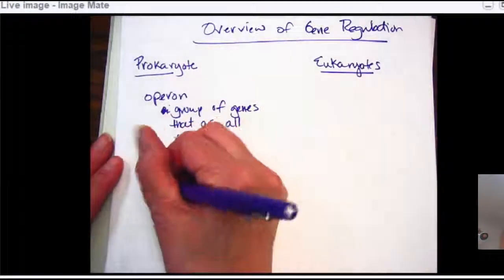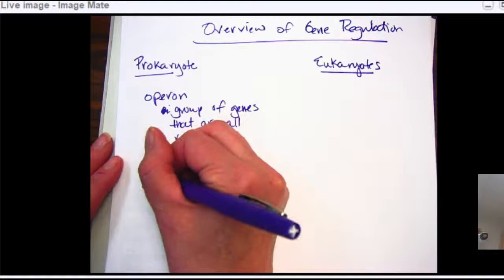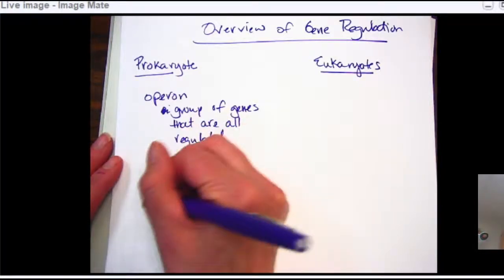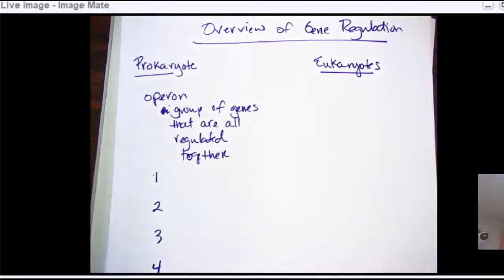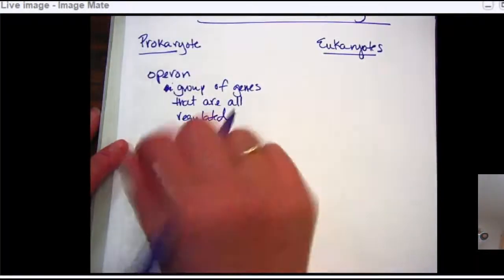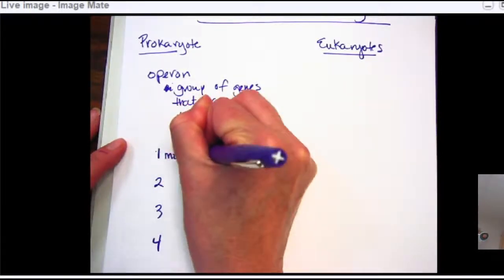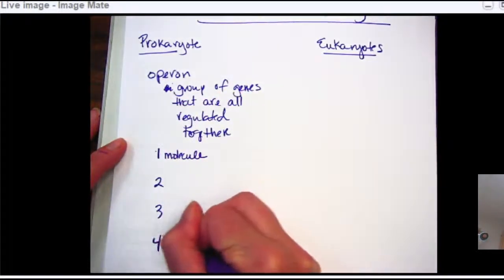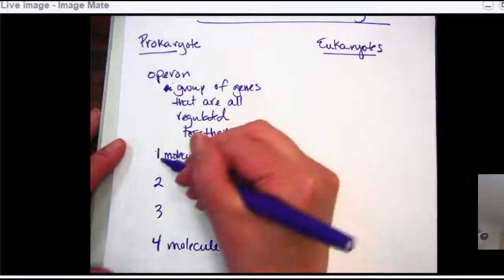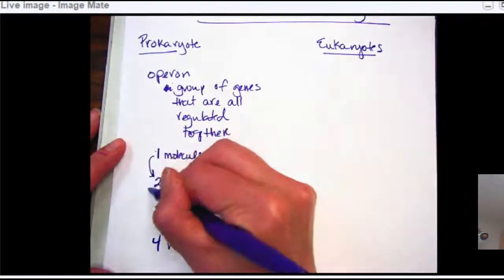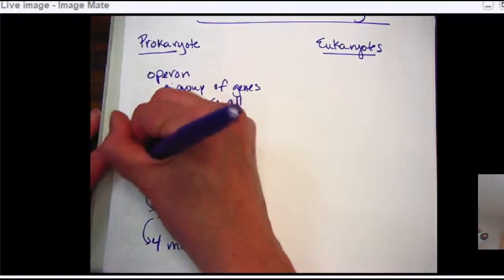So let's say we start with some precursor molecule, and we want to make molecule 4. Each of these steps is catalyzed by a different enzyme.